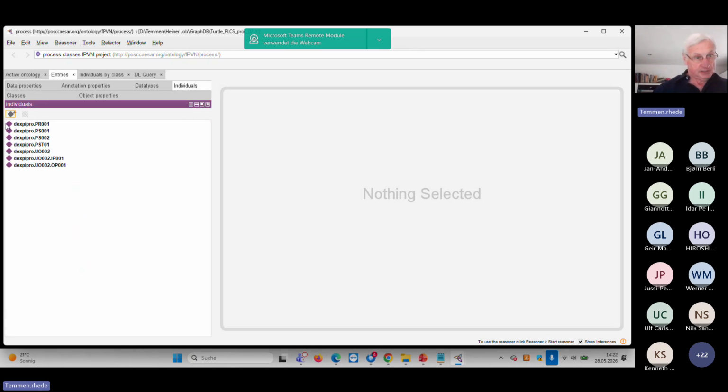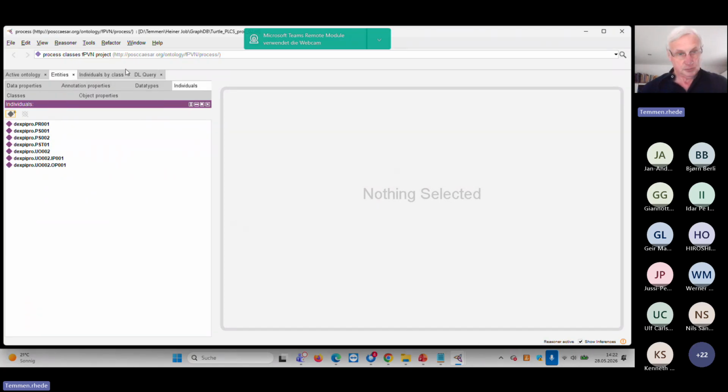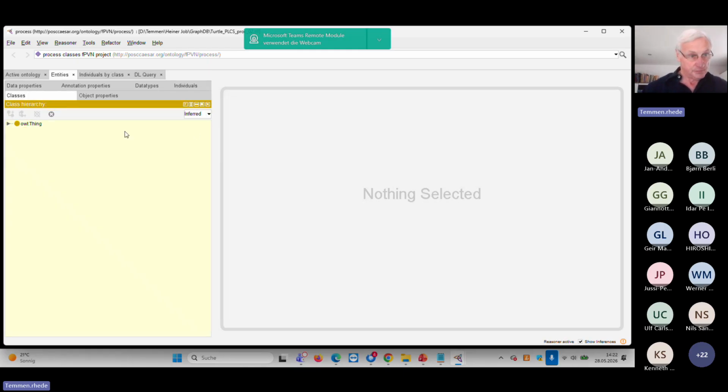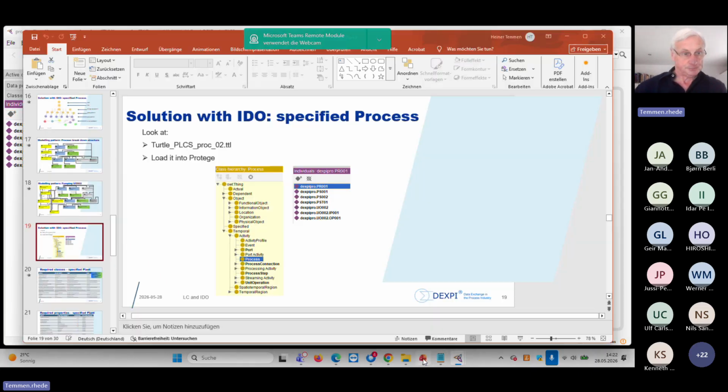We see the used individuals, and I try to start HermiT, and HermiT is happy with this kind of specification. We should have a little look at the inferred one and at the individuals, and we see they are there. It works, and the reasoner is happy with this kind of definitions.